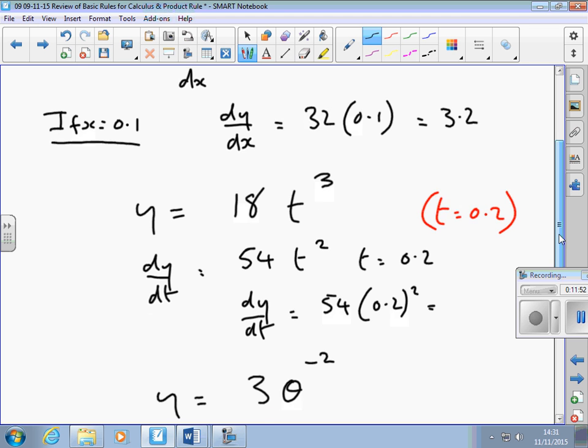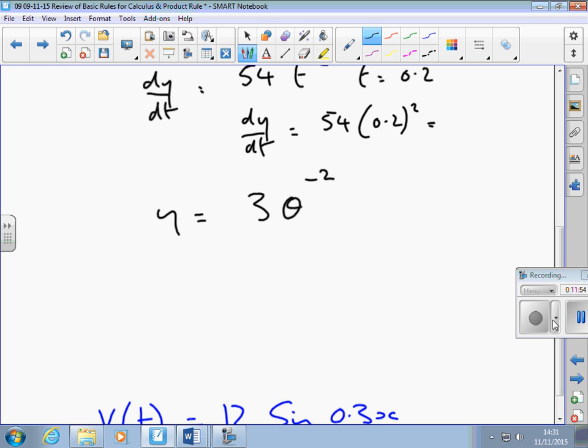And finally, y equals 3 theta to the minus 2, rather. That's actually how I would write, if you remember, y equals 3 over theta squared. Do you remember from last year, if I was asked to differentiate a function like y equals 3 over theta squared, I'd rewrite it like that, 3 theta to the minus 2.